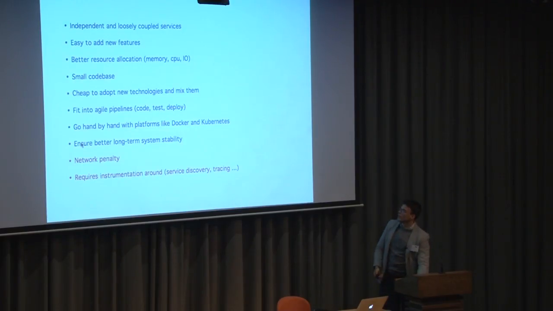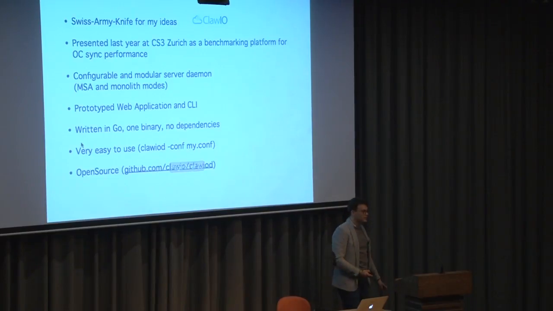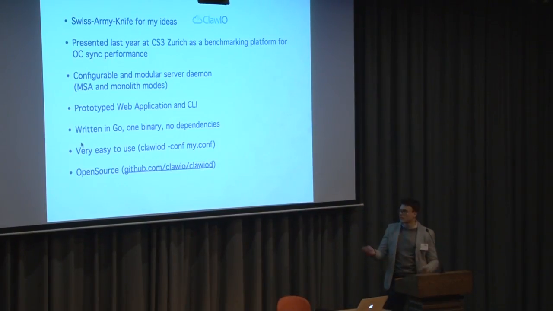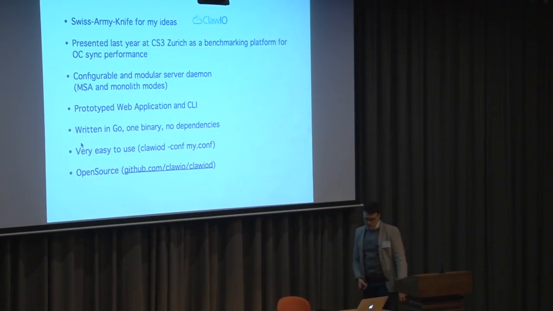You have a small code base, so it's really cheap to adopt new technologies, as rewriting this little piece of code is easy and shouldn't take too many weeks. So it's really easy to change technology and give developers the freedom to choose the technologies they want. It really goes hand in hand with modern technologies like Docker and Kubernetes to deploy this type of service.